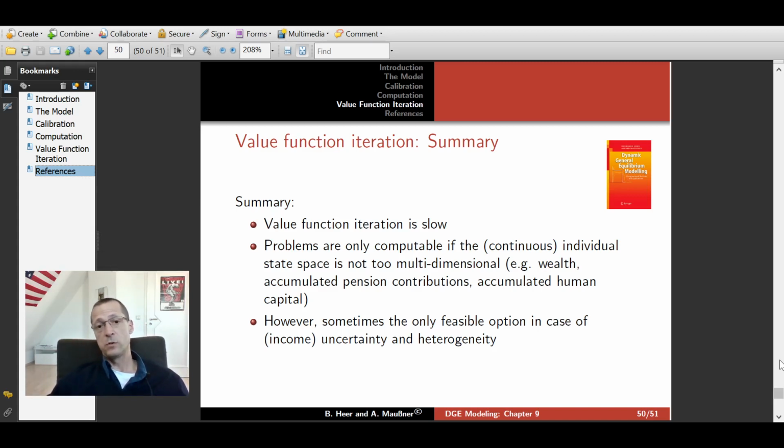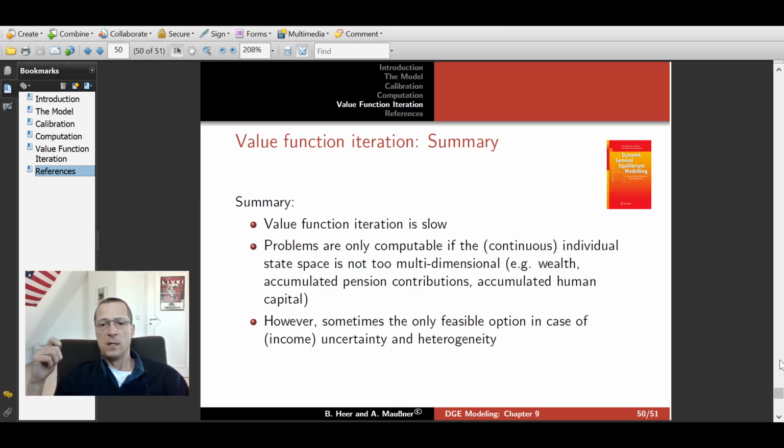Then you have to switch from the direct computation to value function iteration, and sometimes you get to a point where you notice you simply cannot solve it due to computational restrictions if your individual state space is too multidimensional.